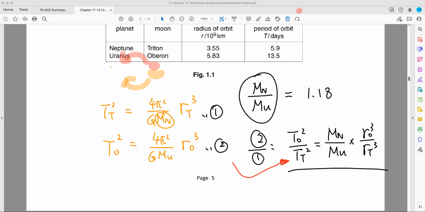Now, one question you may ask is how do we substitute the values? Have you got 1.18? Wait, that's the ratio?